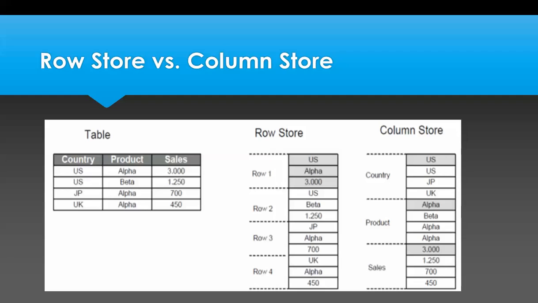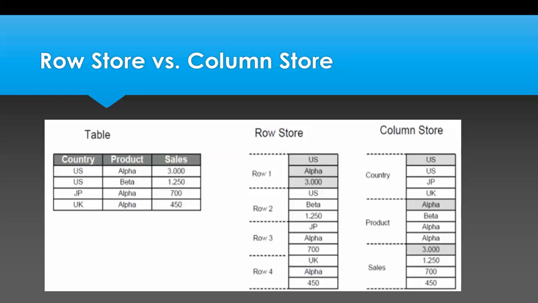Because of these advantages, SAP HANA is leveraging this column store technology, and that's why it has become so fast. It's in memory, and all the data is stored in memory on the basis of this column store architecture, and the processing is just too fast. So that's the reason behind it.